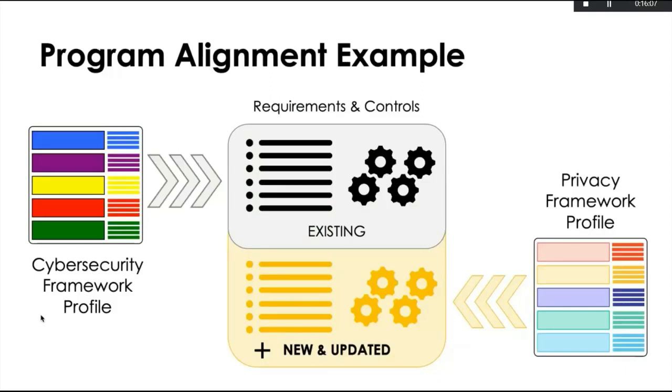And what this allowed them to do was use the overlap to avoid reinventing the wheel and simply map a smaller set of new requirements and corresponding controls against the gaps. Merging its existing cybersecurity controls with its new privacy controls allowed the organization to integrate its risk management program into one that took both privacy and security risks into consideration.